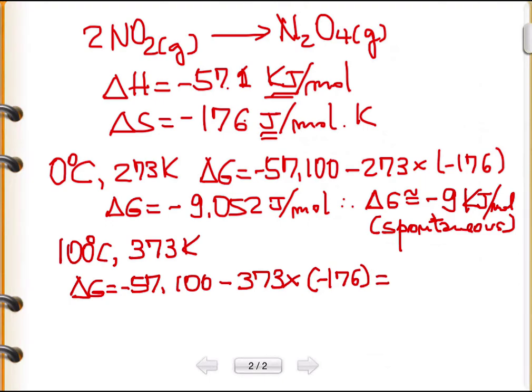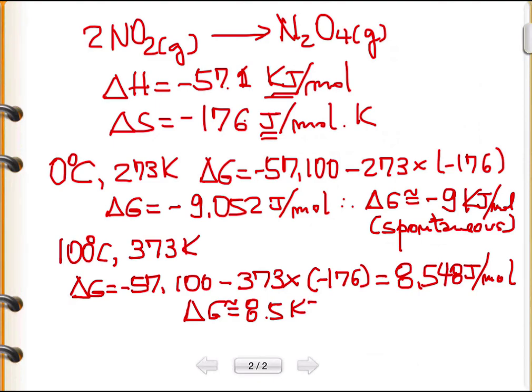Let's plug this into the calculator, and it gives us 8,548 joules per mole, or delta G equals approximately 8.5 kilojoules per mole.